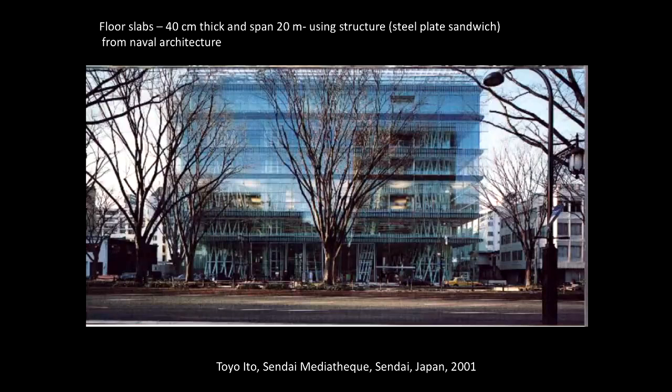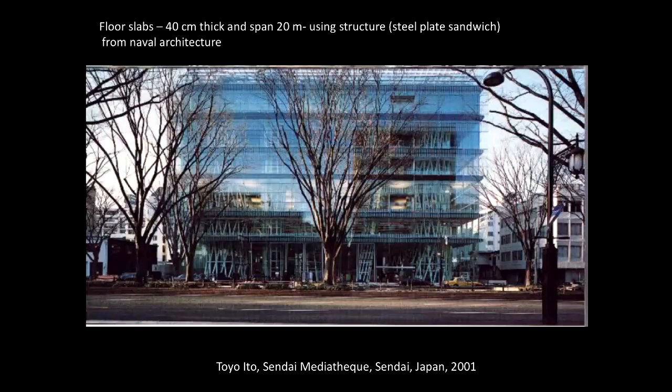And I admire that because it also shows his ability to change his mind and have the project make him evolve as a thinker. Also, what makes this more than just a glass block building is the ability, with the structural engineer Matsuro Sasaki, to make these incredibly thin floor slabs.